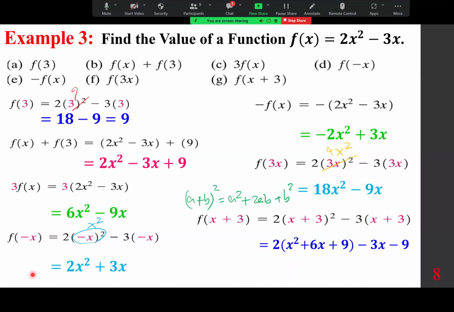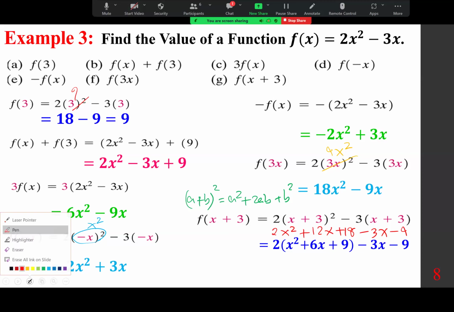So we have 2x squared plus 12x plus 18 minus 3x minus 9. 2x squared remains, 12x and minus 3x are like terms.